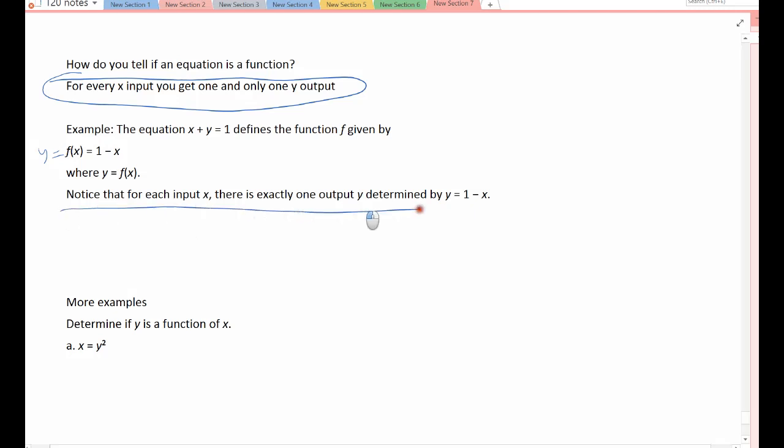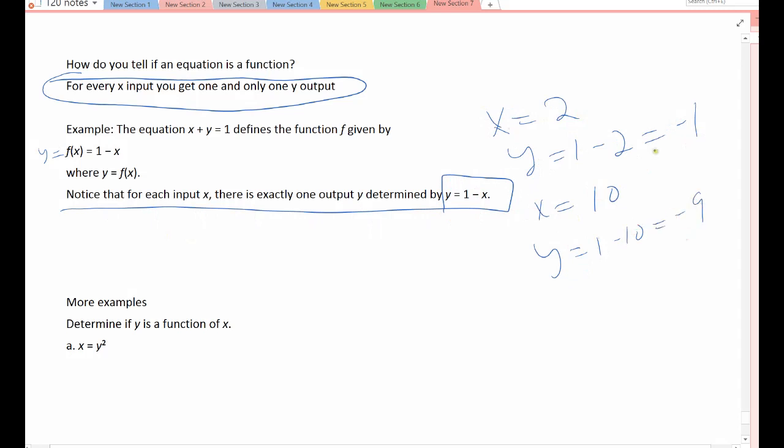And so it does satisfy. If I plug in any x value, you can test a few. If I plug 2 in, I get 1 minus 2, which is negative 1. If I plug 10 in, I get y equals 1 minus 10, which is negative 9. I get one y value out for every x value. I can do as many tries as I want, and none of them are going to fail. There's only ever one x value paired with one y value.